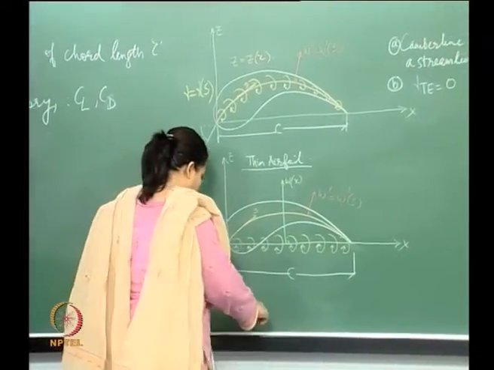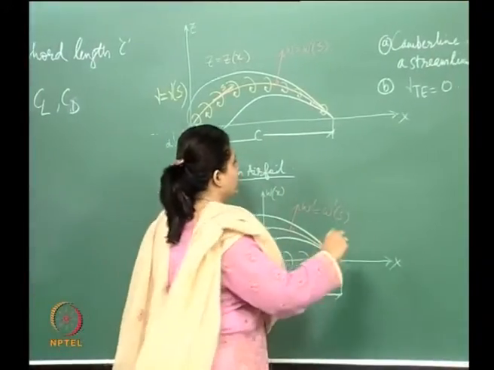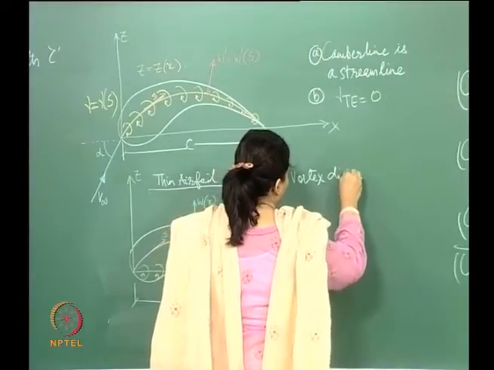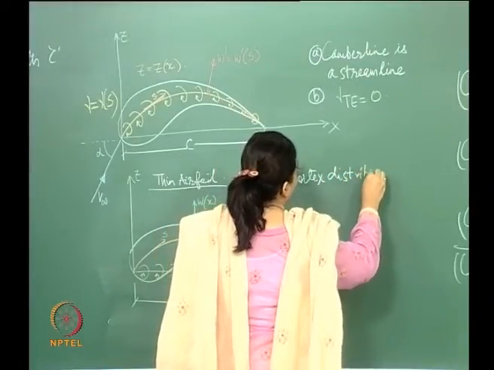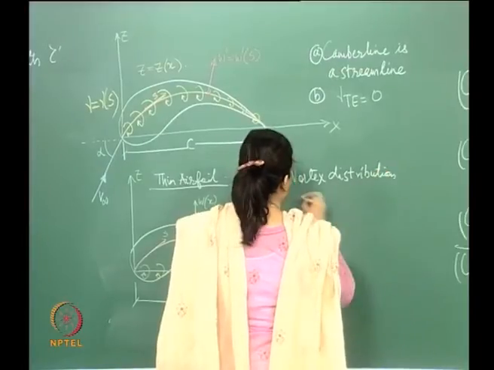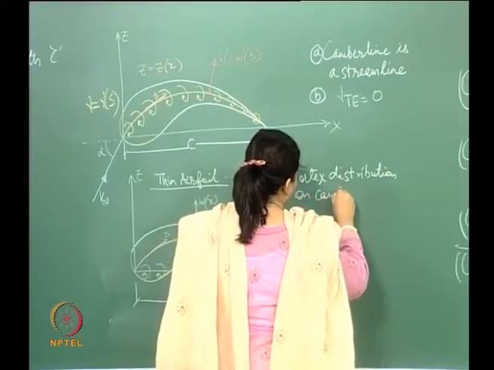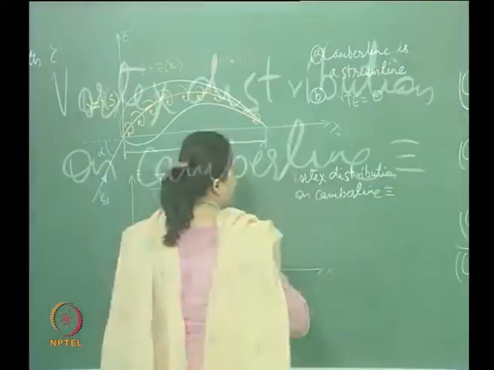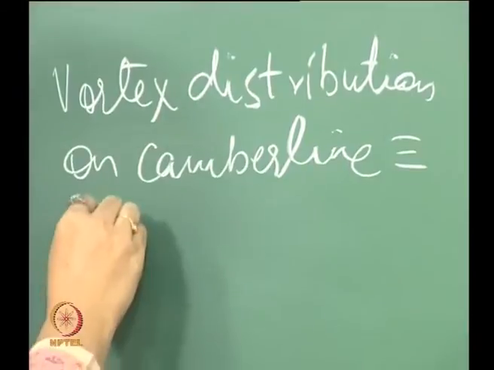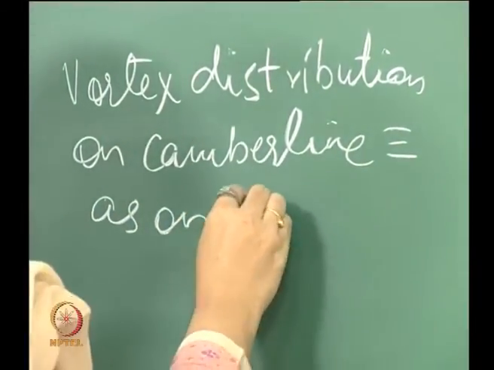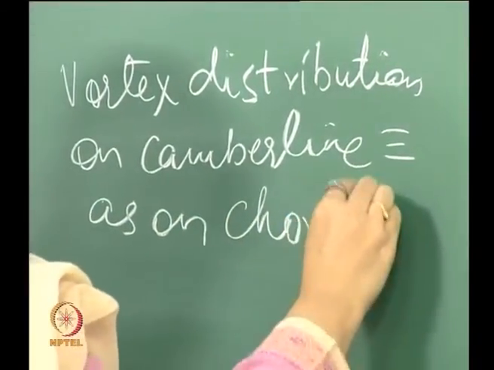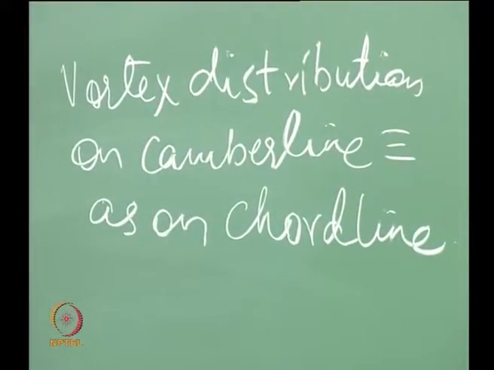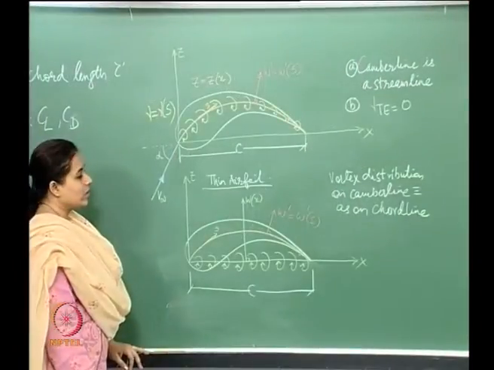So for a thin airfoil, the vortex distribution on the camber line is the same on the chord line.